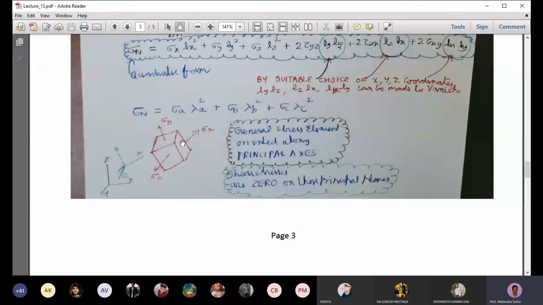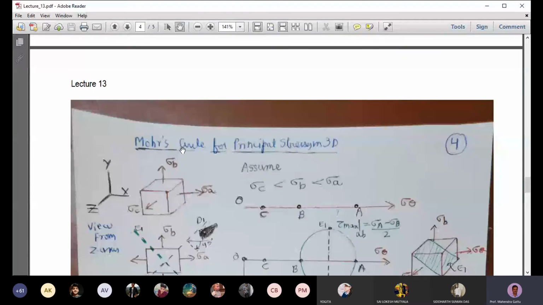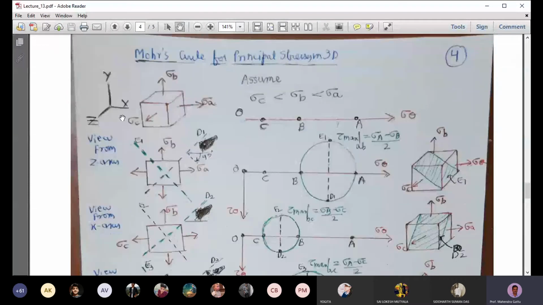Please note that there is no shear stress acting on these principal planes, and let's look at the Mohr circle. So we have XYZ axes, and these axes are oriented along the principal axes.